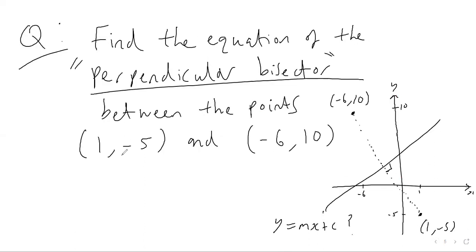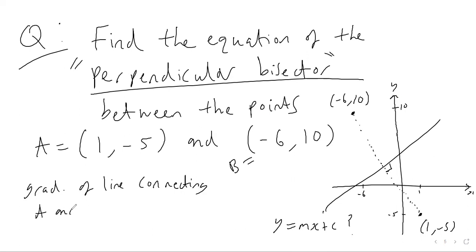Okay, so we've got coordinates 1, minus 5, minus 6, 10. So the gradient, let's write it here: gradient of line connecting, if I call this coordinate A and this coordinate B, gradient of line connecting A and B. Remember, it's change in y over change in x.